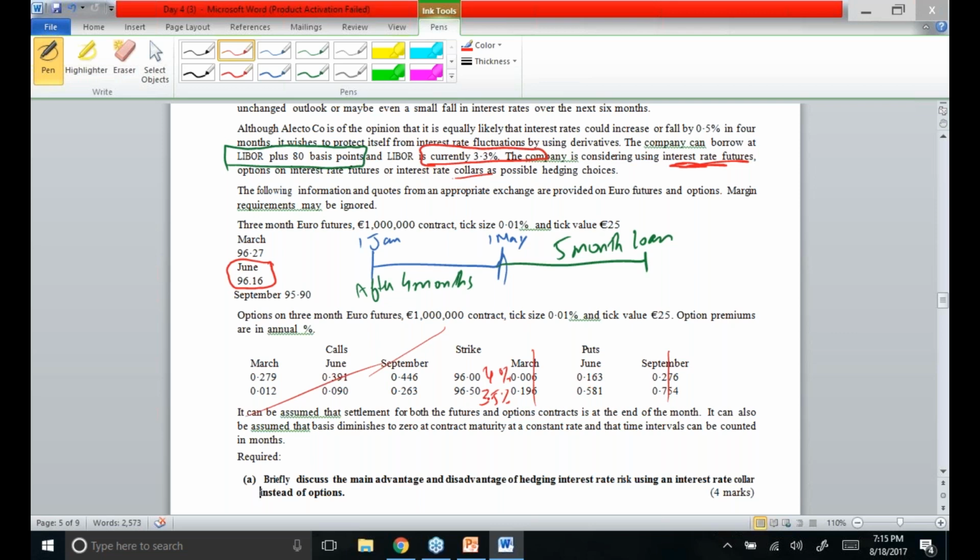Now, there are two strike prices and there are two premiums. These are also in percentage. Option premiums are in percentage. So, you have to face these interest cost plus the premium. So, either you are going to face 4% plus 0.163%, that is 4.163%, or you have to face 3.5 plus 0.58, that will become 4.081%. So, which one is better? Obviously, we will choose this one.